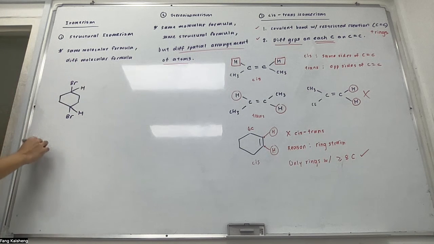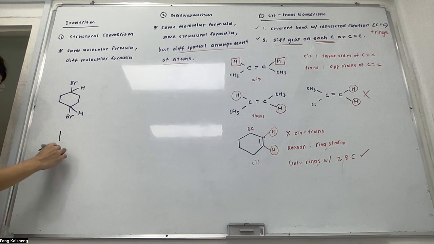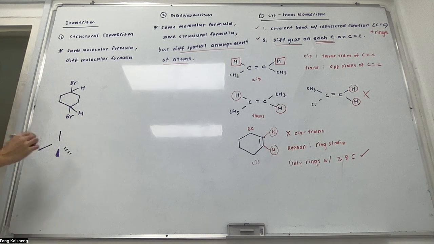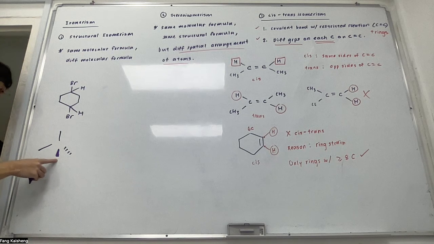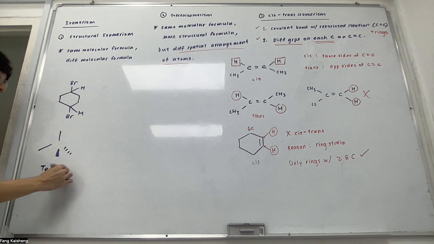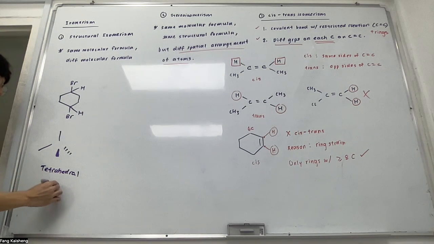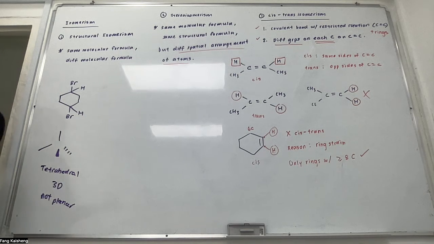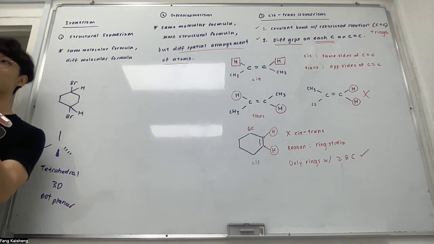But have you seen the tetrahedral shape in your school's notes? They will use these bonds to show. What does the solid black bond mean? Tetrahedral, by the way, you must know, is a three-dimensional shape. In other words, it is not a planar shape. So if you place a tetrahedral on a flat piece of paper, there will be things protruding outwards and inwards.